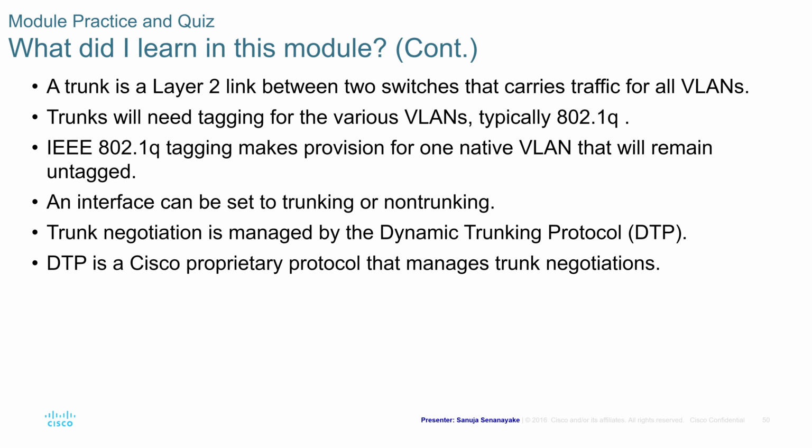So it is a configuration option available on Cisco switches. Trunk negotiation is managed by DTP or Dynamic Trunking Protocol. However, we recommend that you turn off the DTP and set your trunk or access VLANs. DTP is a Cisco proprietary protocol that manages trunk negotiation. So you should know all of these concepts at the end of this lecture.